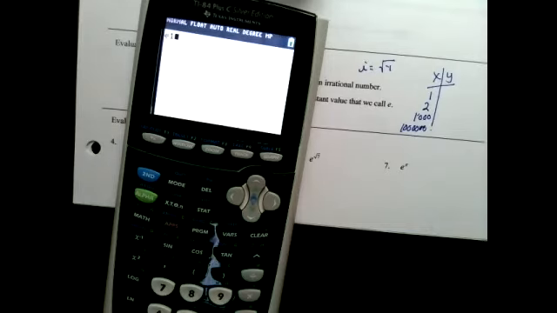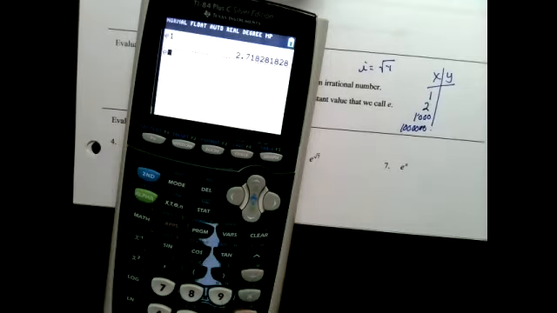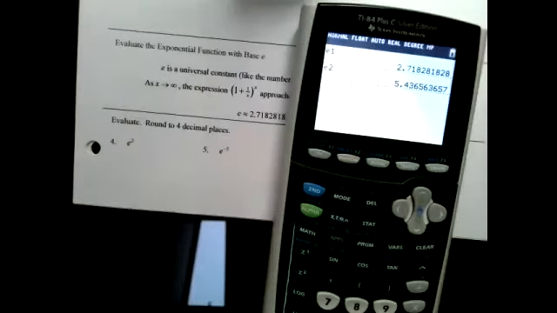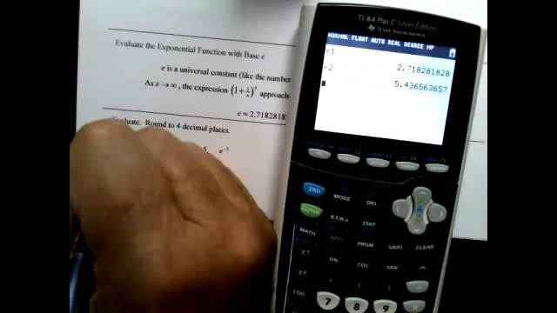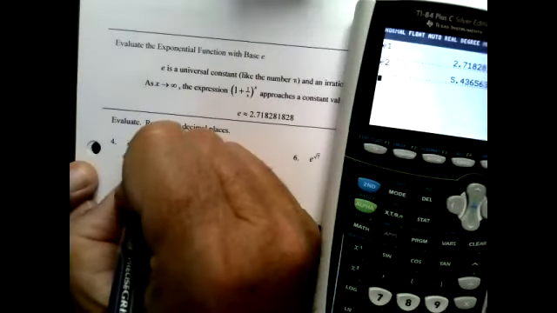If I said e to the first, I did e^1, 2.718281828 kind of deal for me. If I do e, second divide, squared, I get 5.43659. So I can come in here and, this is going to be 5.4365.